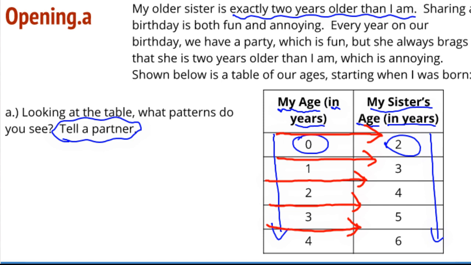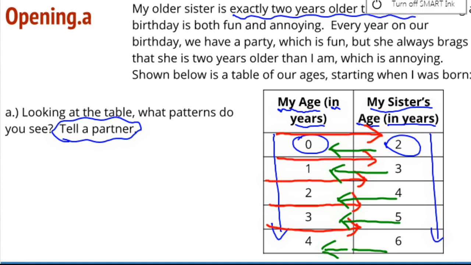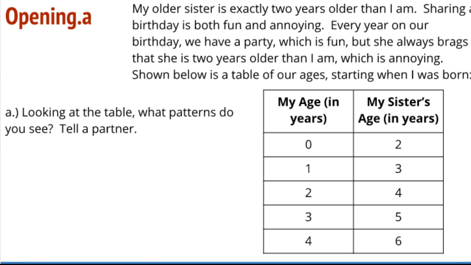And looking at it the other direction, I am observing that the first column is always 2 less than the second column. So it's important when we look at these tables that we look carefully. There are a lot of relationships happening within these tables. And of course, what we're going to have to decide is which of these patterns are actually useful. Just because we observe a pattern doesn't mean it is useful in what we are trying to accomplish right now.